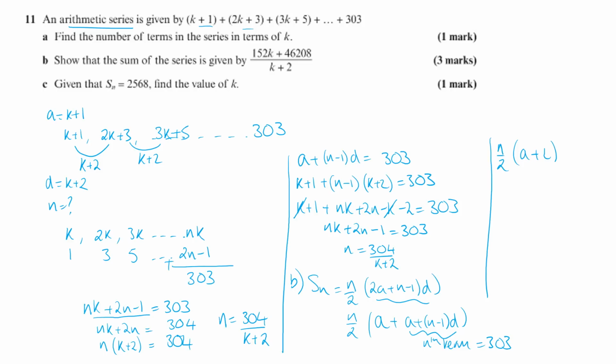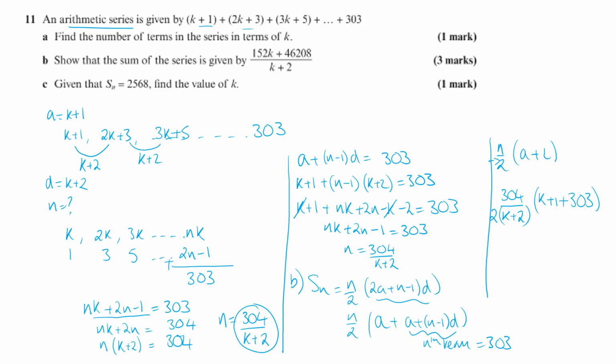So we need to say what that is. So it's going to be n, which we know is 304 over k plus 2. And then this 2 will just join in here. And then we've got a, which is our first term, k plus 1, and our l is 303.